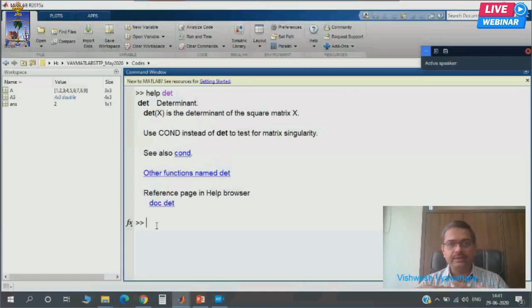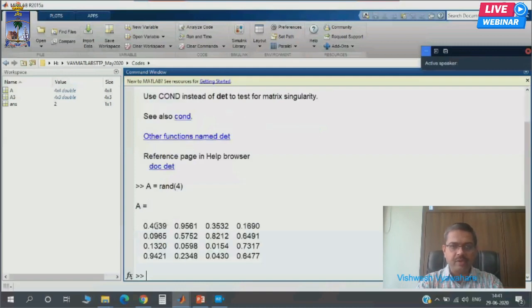It was very difficult. Now it becomes very easy with MATLAB: with a simple command det we are able to calculate the determinant of a matrix. So again I define A is equal to rand 4, let's say, because 3 cross 3 is easy.